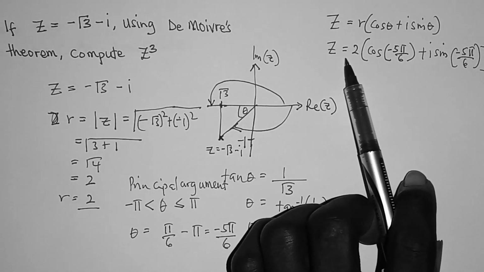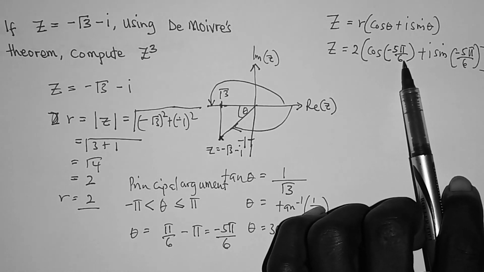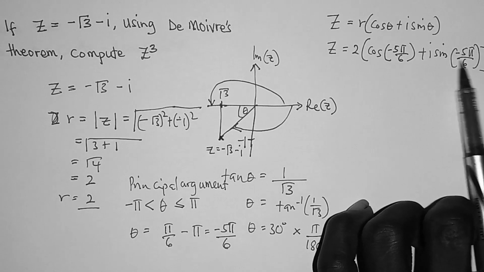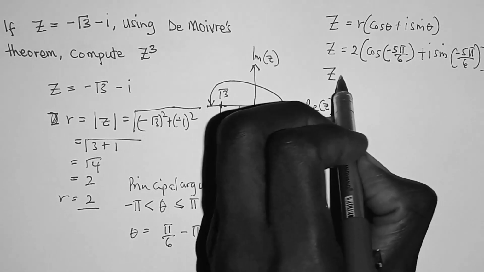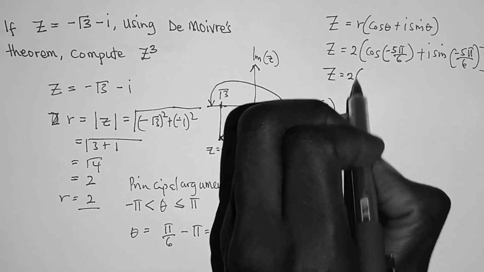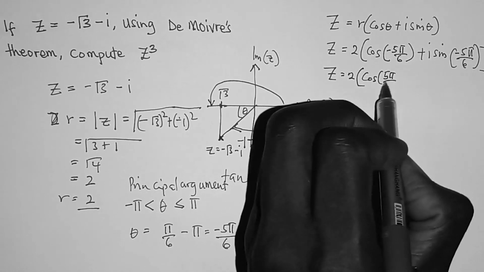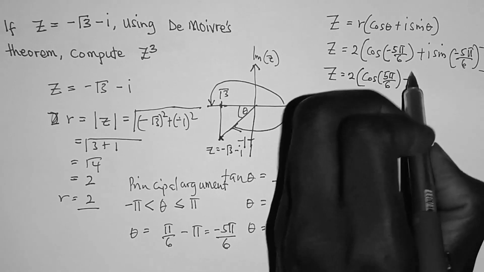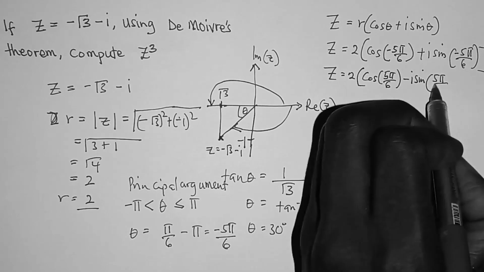So z is equal to 2 times (cos of minus 5 pi over 6 plus i sine of minus 5 pi over 6). And therefore z is equal to 2 times (cos 5 pi over 6 minus i sine 5 pi over 6).